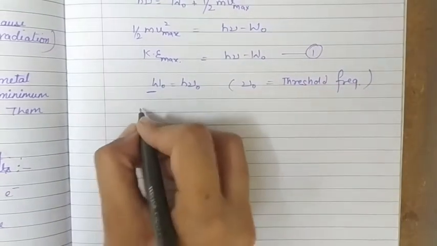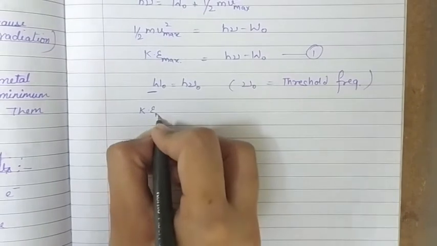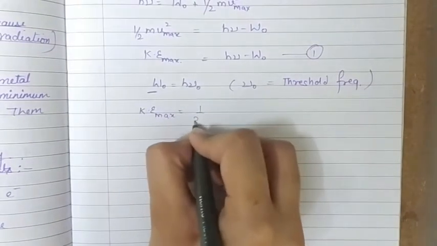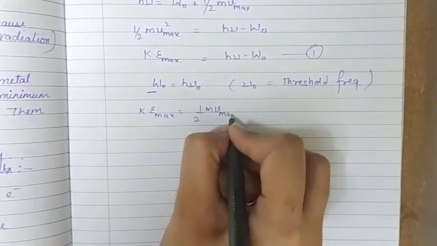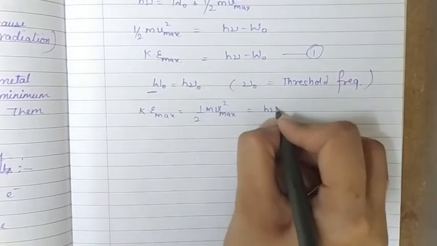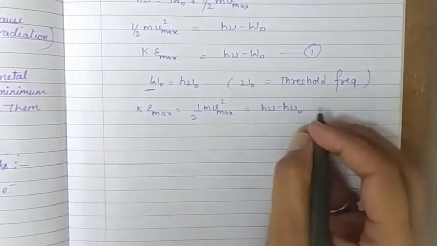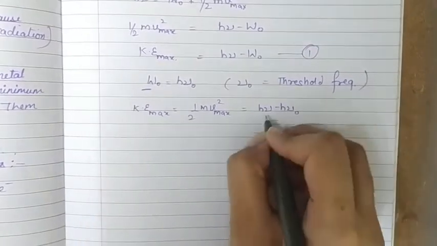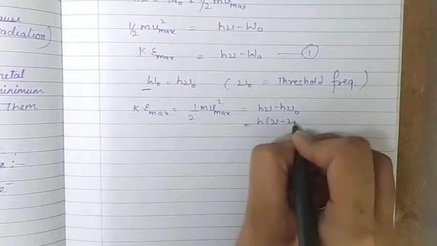So we can also write equation 1 as KE max is equal to half m v max square is equal to h nu minus h nu naught, and it can also be written as h into nu minus nu naught.